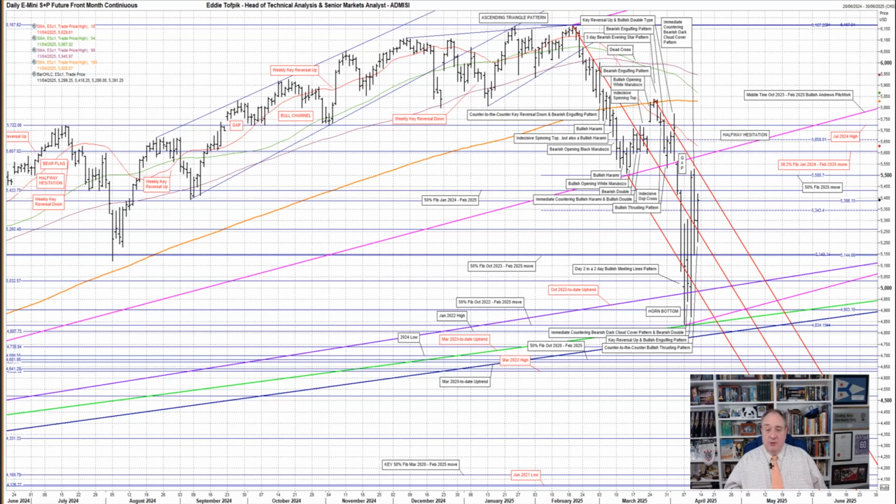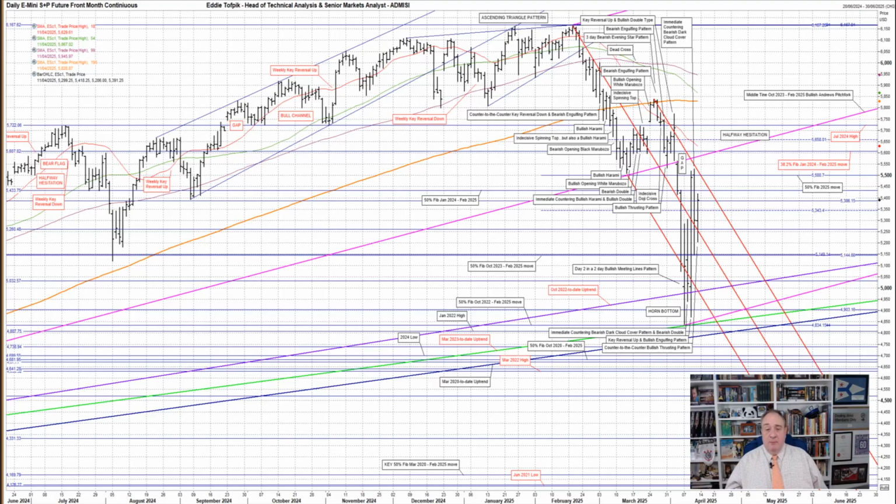Now, the recovery was also prompted by significant feature 4, which is the strong support of the 50% Fibonacci line of the October 22 to February 25 move at 48.34, and feature 5, the bright green March 23 to date uptrend, currently at 48.41.